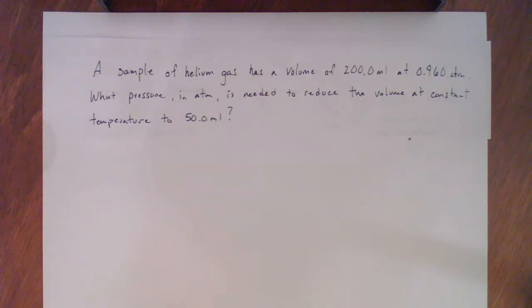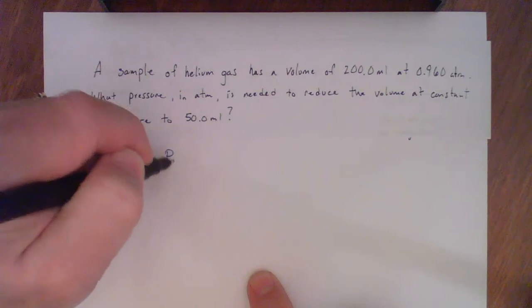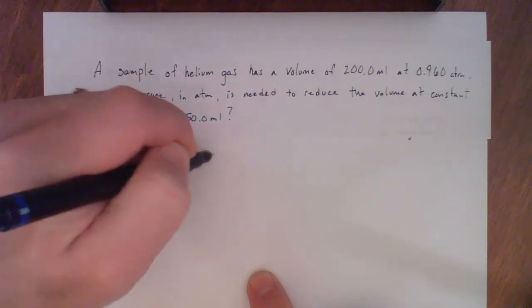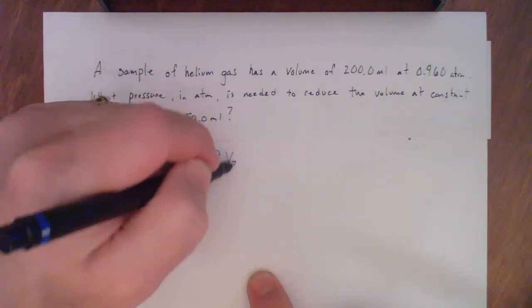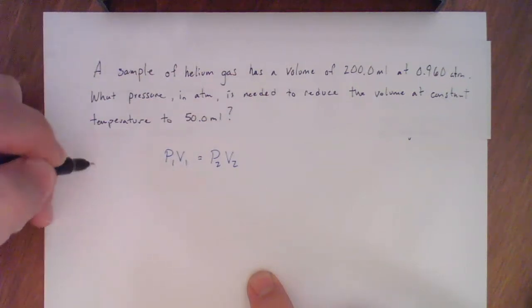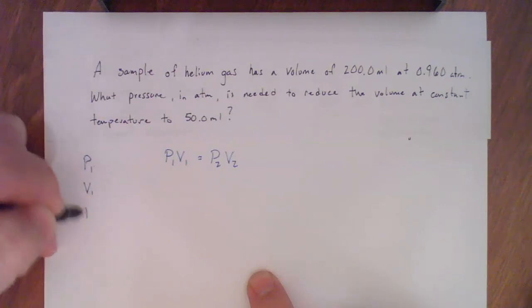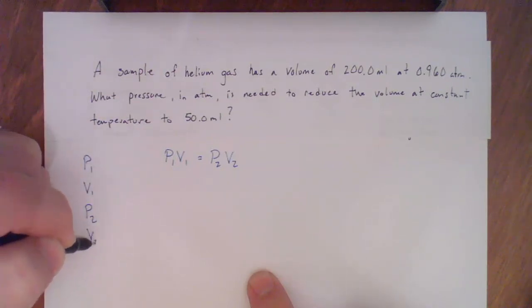So again, we do recognize that this is going to be constant temperature, so really it's P1 V1 equals P2 V2. And then what I like to do is I like to list out all of our variables. So we've got a P1, we've got a V1, we've got a P2, and we've got a V2.